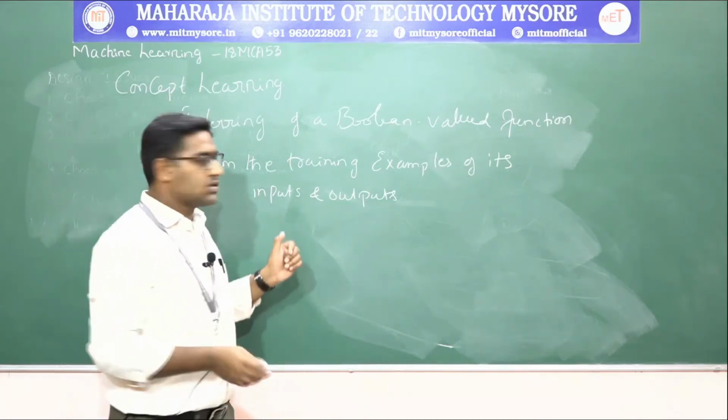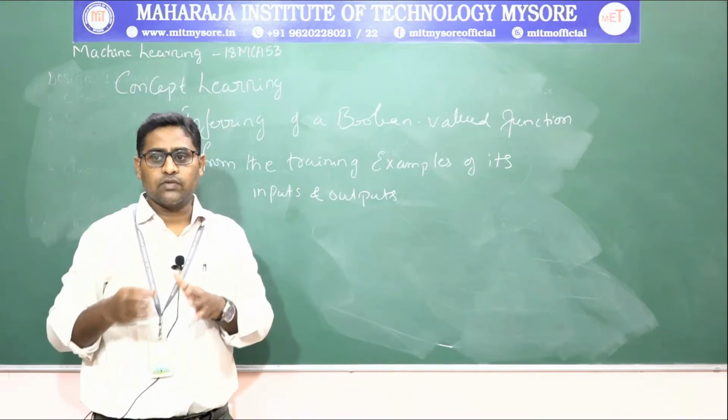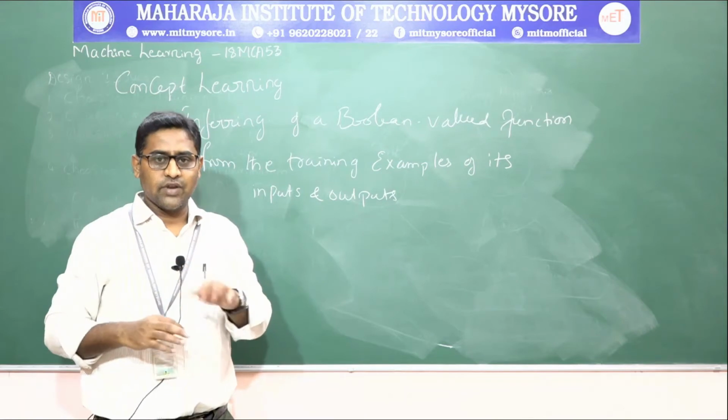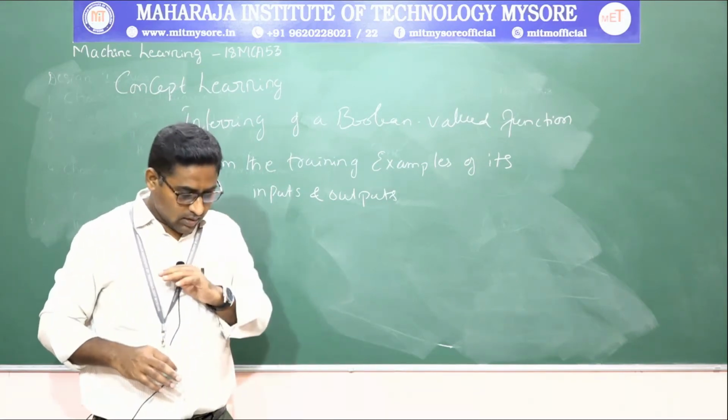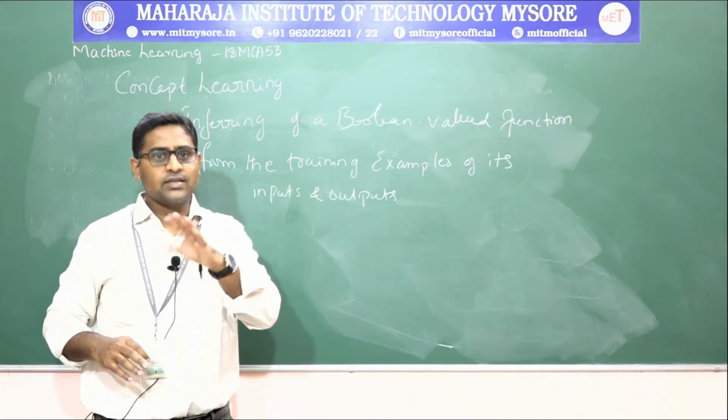Or else, whenever you have an input and output of the training values, then you should be having a Boolean valued inference. Inference is nothing but a number or a value that you will be giving for an instance.